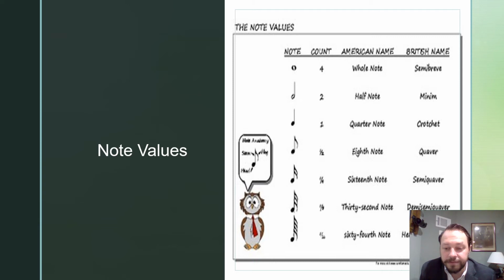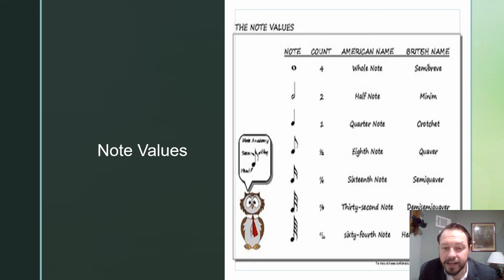The next one, the filled in circle with the stem, that gets 1 beat. It's called the quarter note, and the British call it a crotchet. I believe that's how they say it. I was tempted to call that the crochet, but I think it's actually pronounced crotchet.